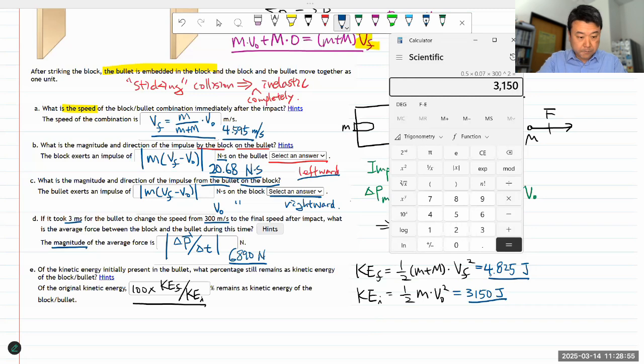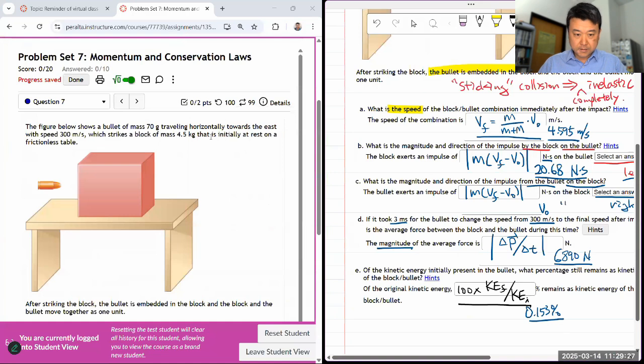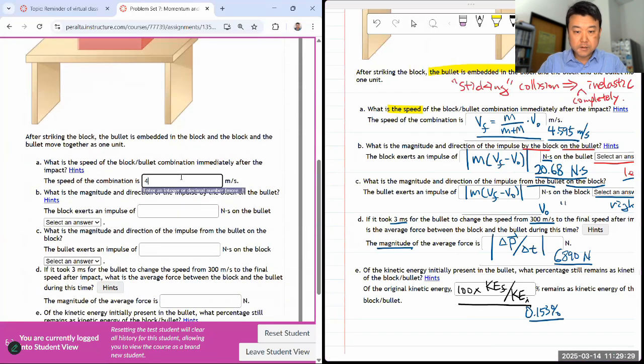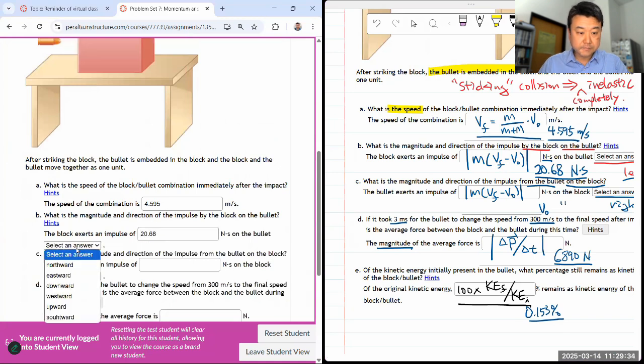So let me calculate the percent of energy remaining. That should be 4.825 divided by 3,150. Very small number, multiplied by 100 for percent, 0.153%. I think that's right. Okay, let's just plug in the numbers. Make sure I didn't make any mistake, or if I did, fix it. All right, so let me just copy over those numbers. 4.595, 20.68, leftward.